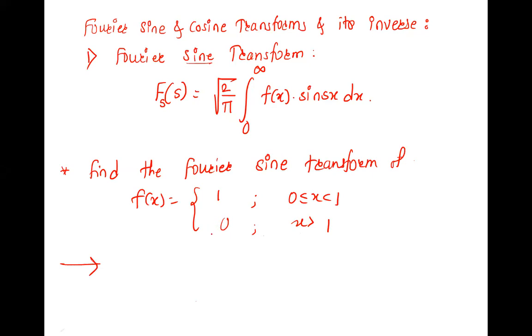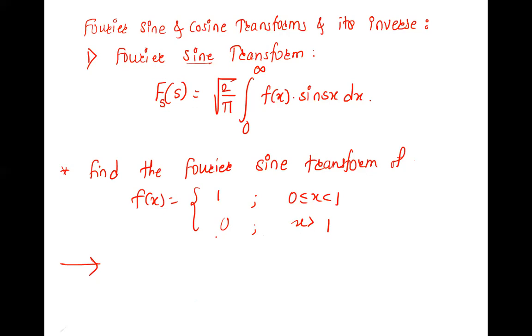First thing is, you have to read the question carefully, like what is asked. Is it series? Is it transform? Is it sine? Is it cosine? Or is it just the integral? So what is asked here?